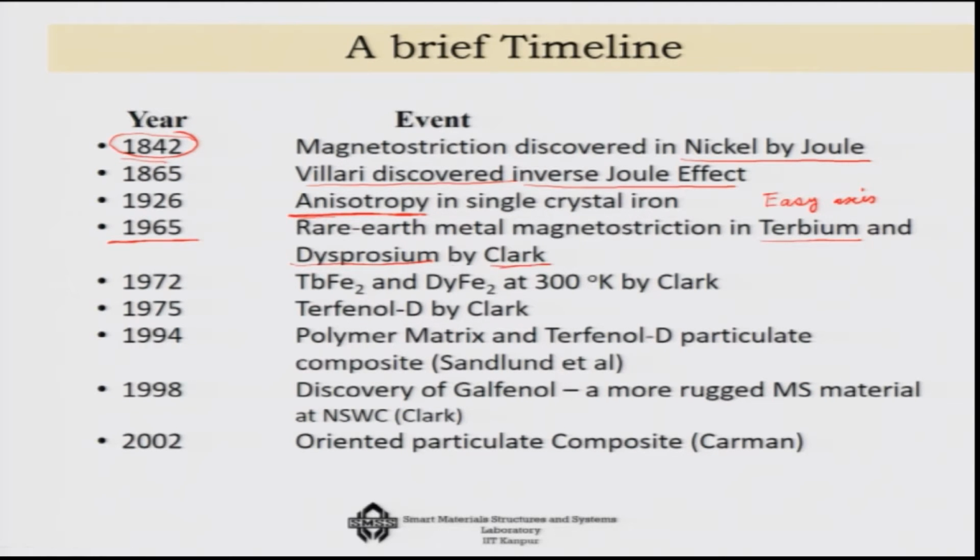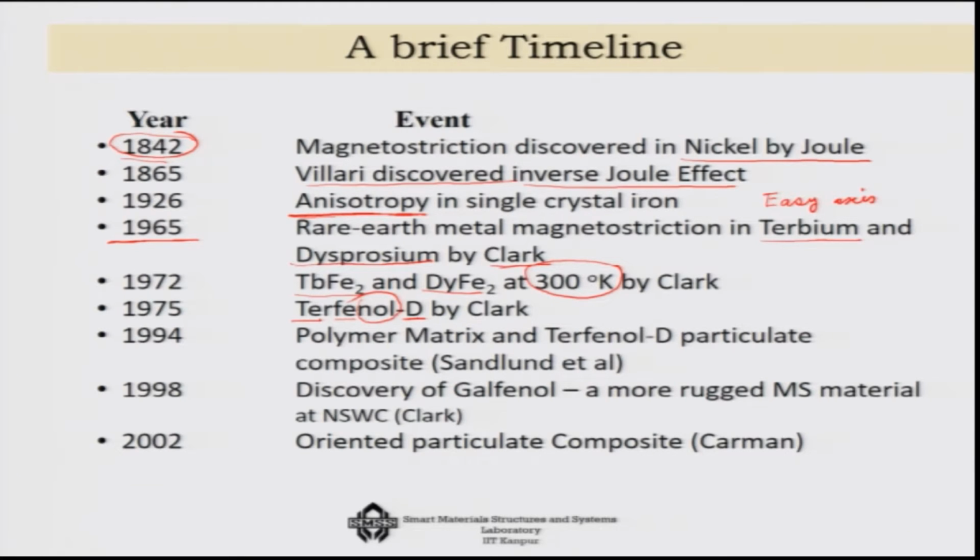And later on Clark himself showed that if you make an alloy of terbium iron and dysprosium iron, then you can improve this effect, in the sense that terbium or dysprosium on its own shows the magnetostrictive effect at very low temperature, but you can bring it to a considerably high temperature by making an alloy with iron. So, thus terbium, iron and dysprosium, these three materials are added finally, and the Naval Ordnance Laboratory name goes inside it, and the material that is used commercially today is called Terfenol-D, which is a magnetostrictive material.